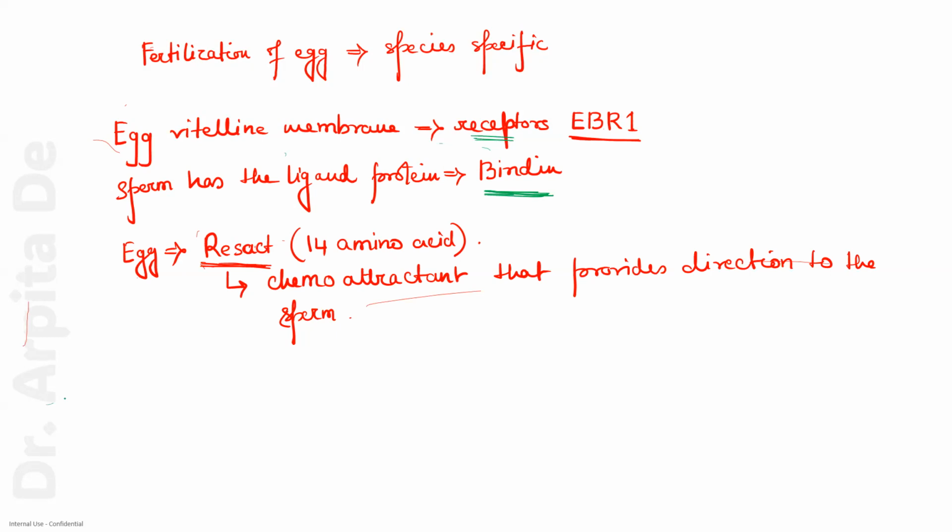Now the case is just opposite. The ligand is in the egg, which is resact. The receptor for this is in the sperm. The sperm has the receptor. What is the name of the receptor? The name is receptor guanyl cyclase.